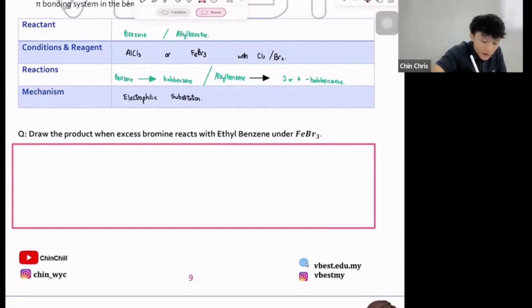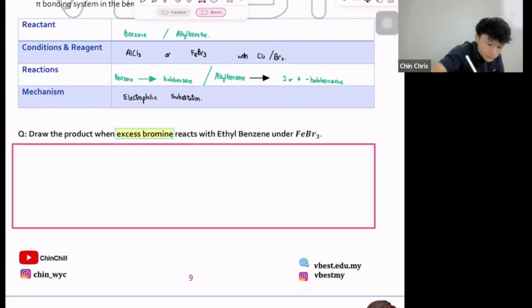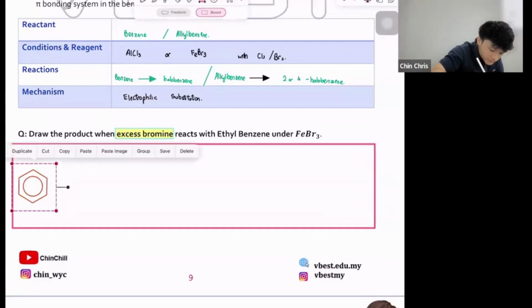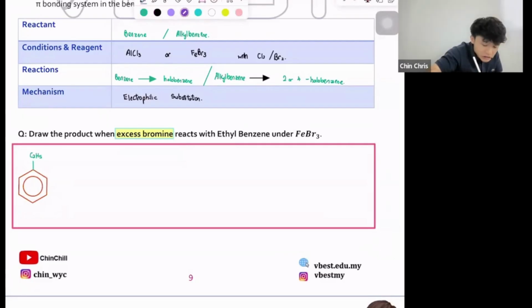Alright guys, let's say if you have excess bromine, what's going to happen? Let's say I react with Br2 and your Br2 is in excess. What are the possible products that you are getting?